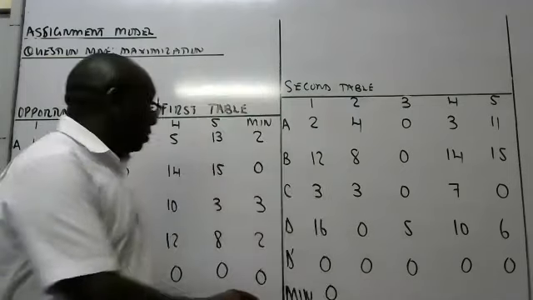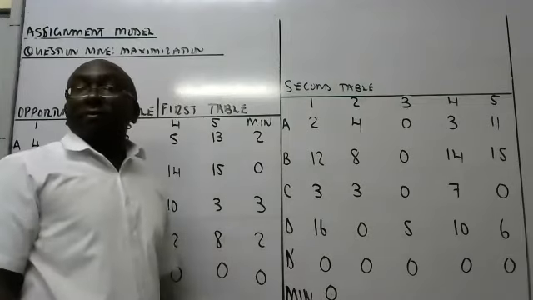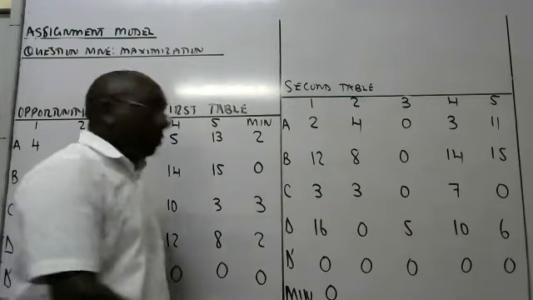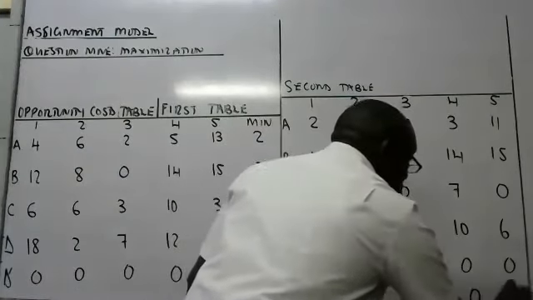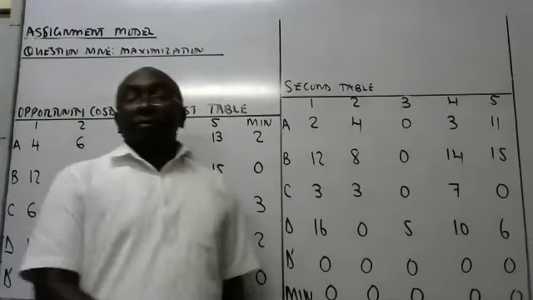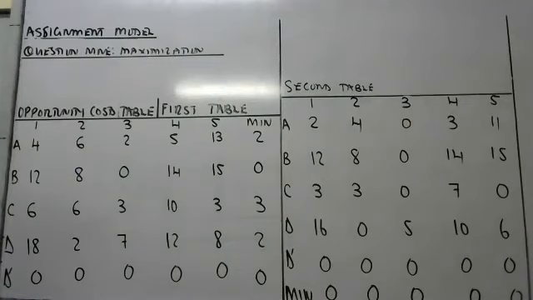So when I say the minimum here, this 0 will be included. So 0, 0, 0, 0. Unlike in transport, in assignment, dummies are included.